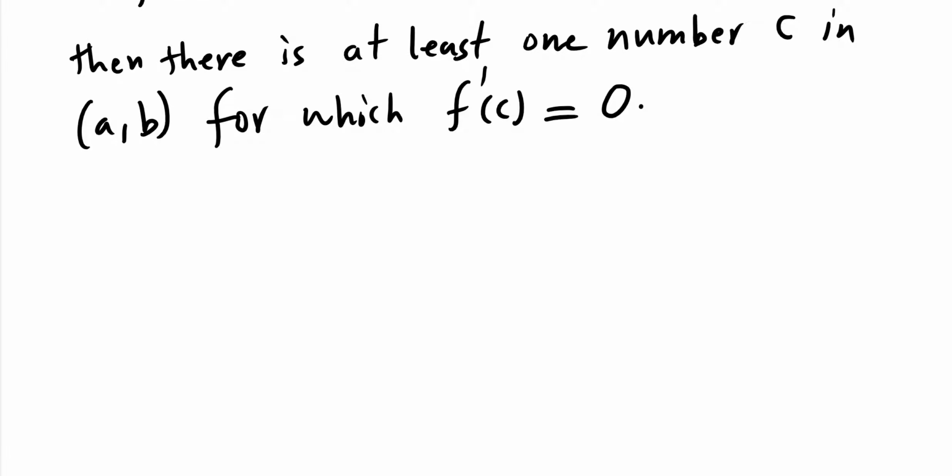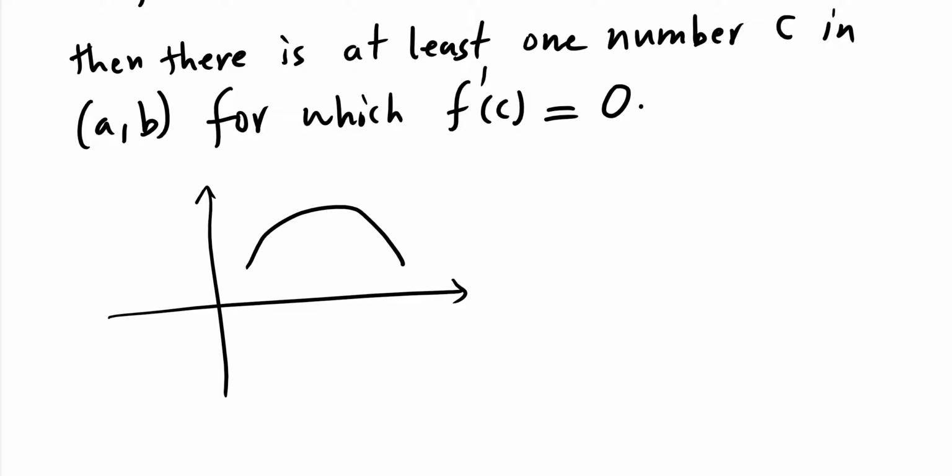So how does that work? Let's look at it graphically. Say this is the function in the xy plane, so that's the function f. Let's say a is here and b is here, so f(a) equals f(b), as you can see.